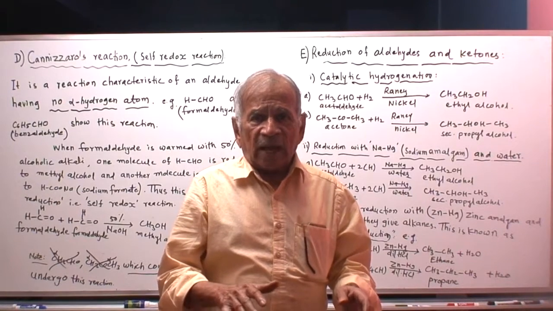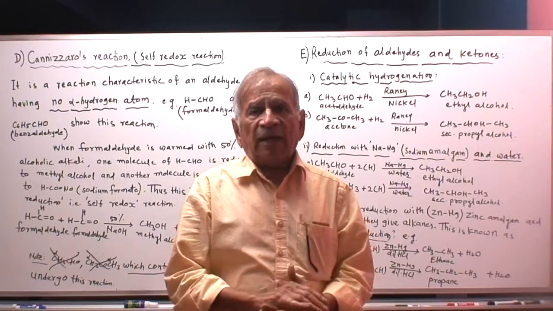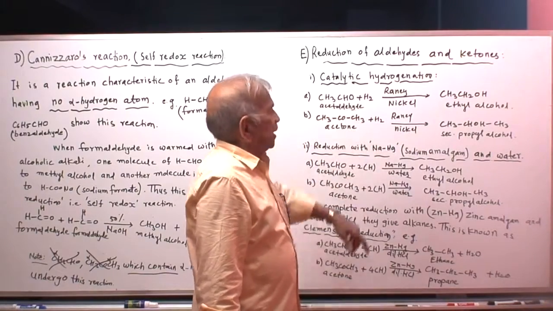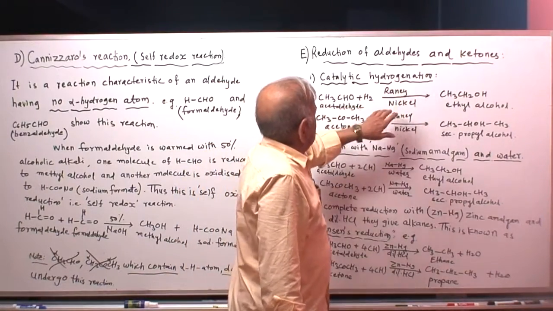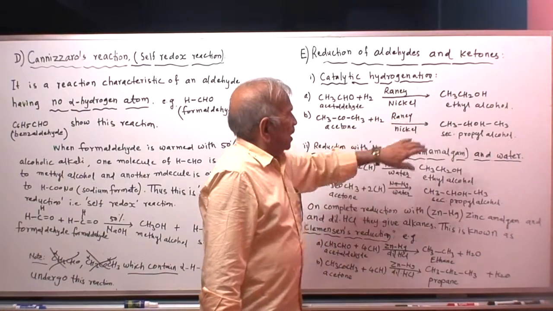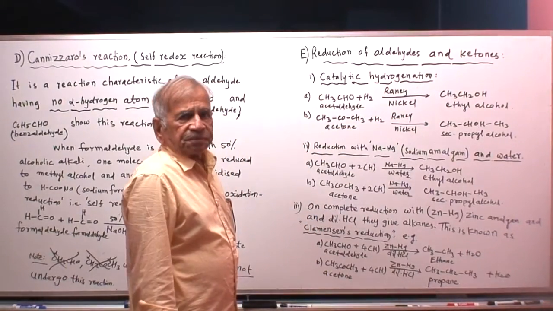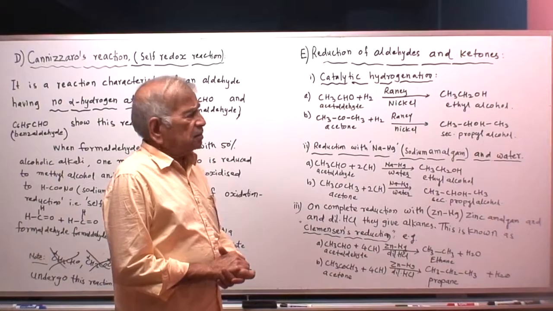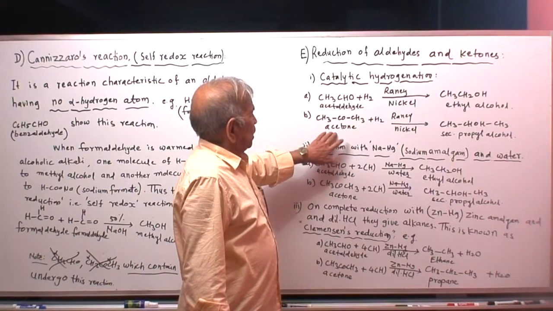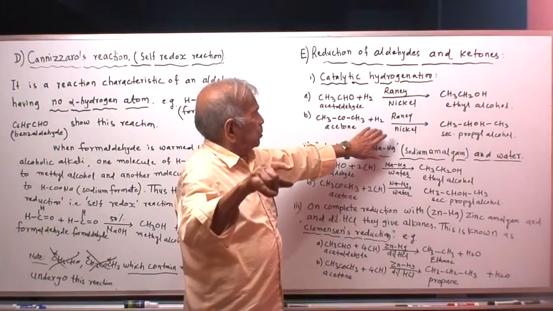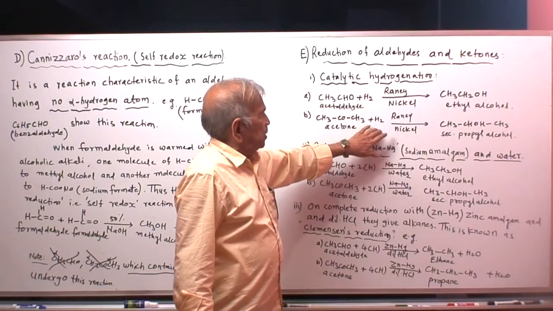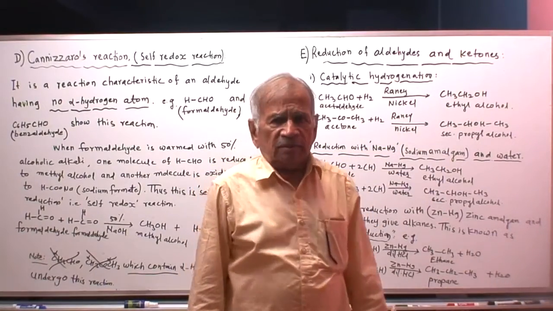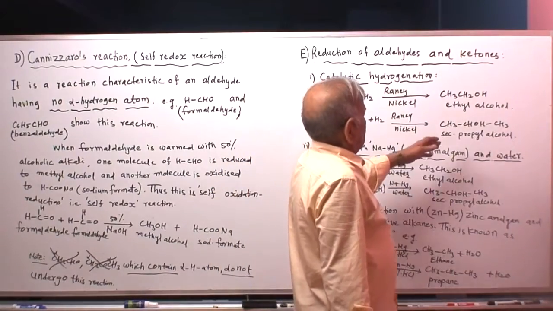Only a porous variety of nickel remains behind and is referred to as Raney nickel. Acetaldehyde on catalytic hydrogenation using Raney nickel as a catalyst gives the corresponding primary alcohol, namely ethyl alcohol. Similarly, the ketone, namely acetone, on catalytic hydrogenation with Raney nickel as a catalyst gives secondary propyl alcohol.